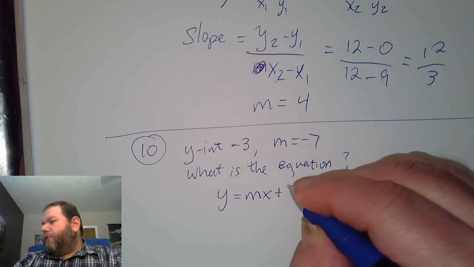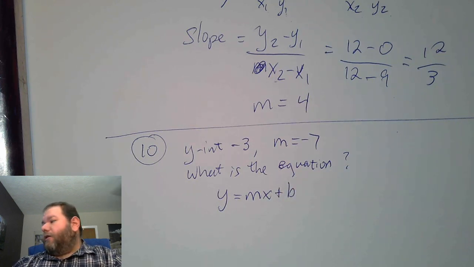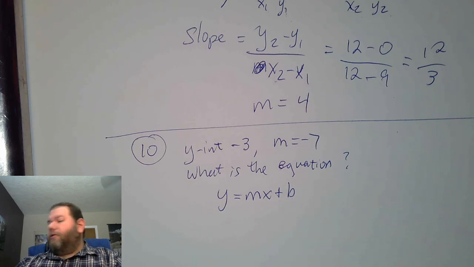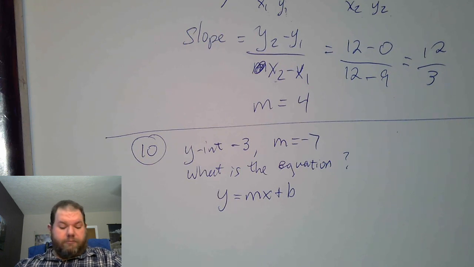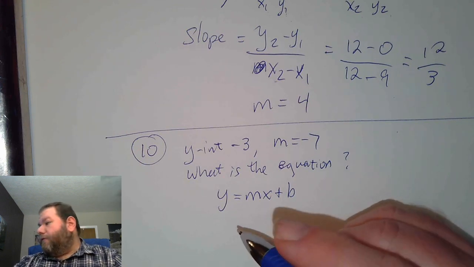For this, remember that we use the formula y equals mx plus b, where m is the slope and b is the y-intercept. So what would the equation be? y equals -7x minus 3.